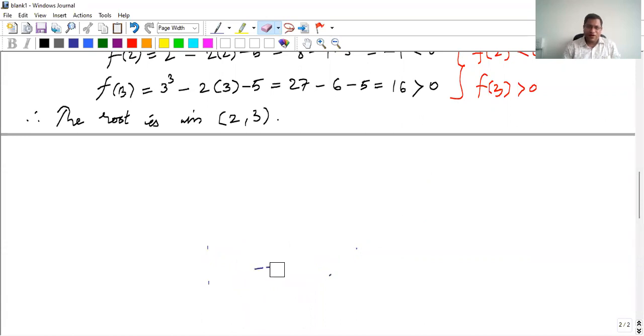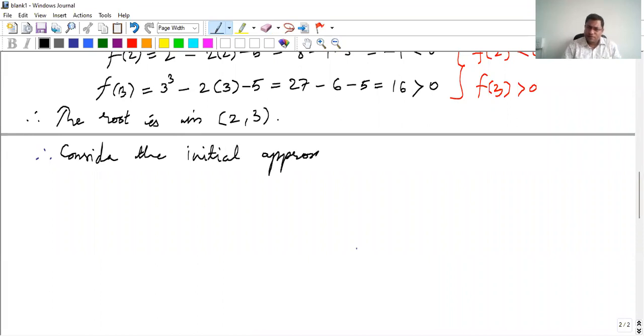Okay, so we got here the interval, and in this interval we got that the root is in between 2 and 3. Hence what we do is consider the initial approximation as x0 is equal to (2 plus 3) by 2.